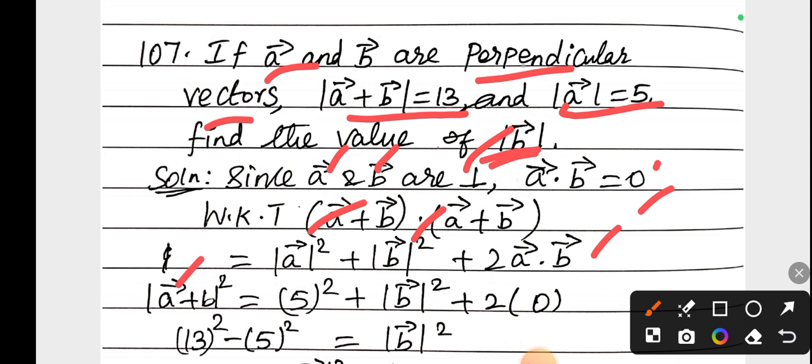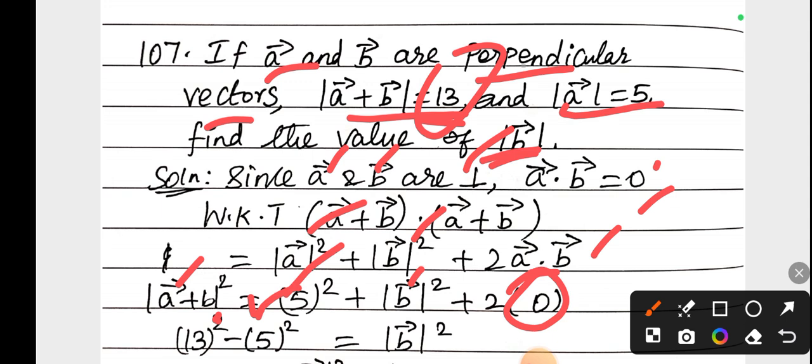So what is the magnitude of A plus B whole square? The magnitude of A plus B is 13, so the magnitude of A plus B whole square is 13 square. Magnitude of A square is 5 square, plus magnitude of B square, plus 2 into A vector dot B vector, which is 0. 5 square goes across as minus 5 square, and 13 square is 169, minus 25.